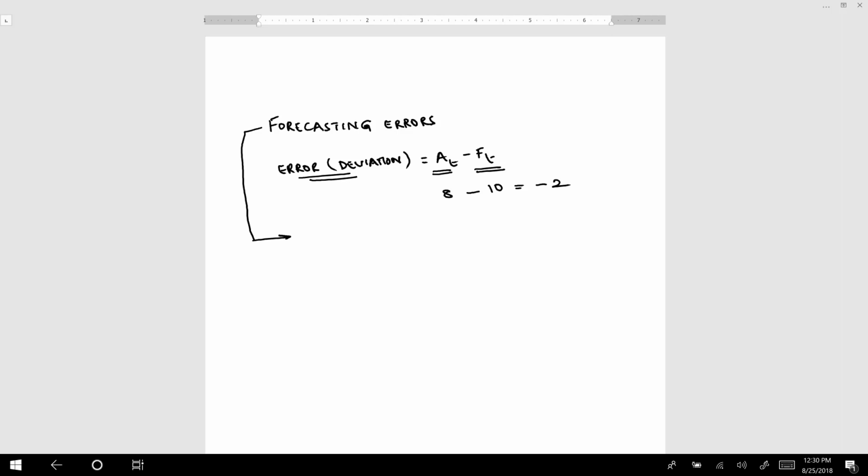So one is MAD, which is mean absolute deviation.